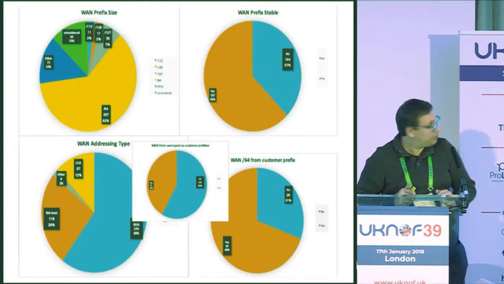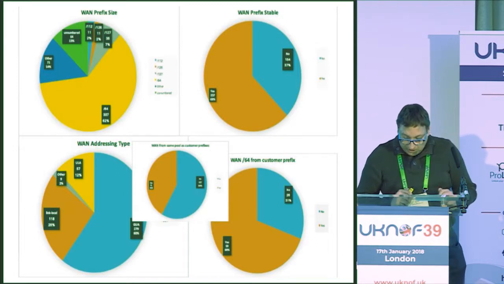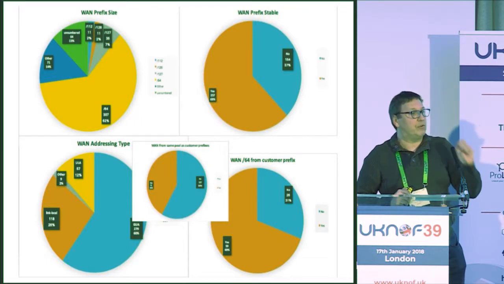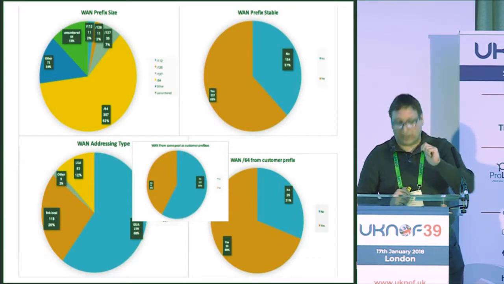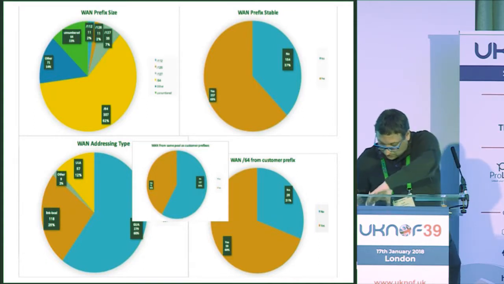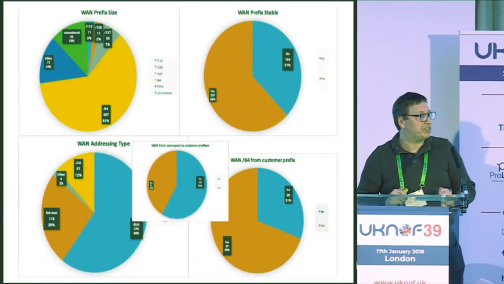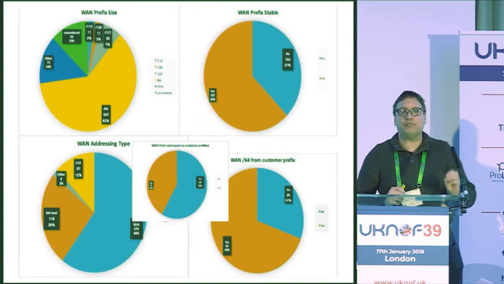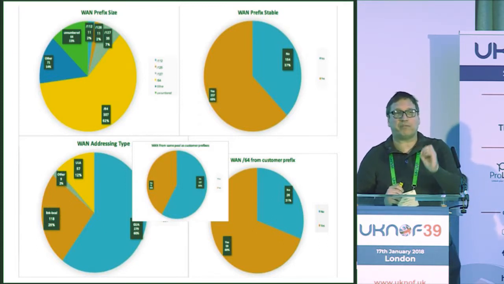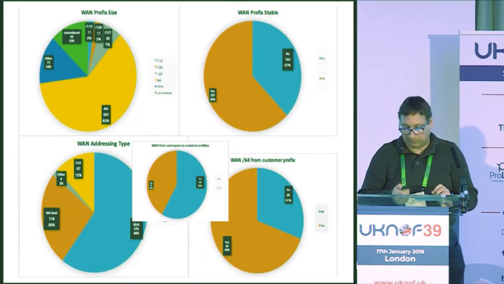How many people are using the same /64 from the prefix allocated to the customer for the one link? It's small and I can't see it, but I think it's 69%, which I think I mentioned in the first presentation. So 69% of the people are using a /64 from the customer prefix for the one link, which is a lot of people, of course.